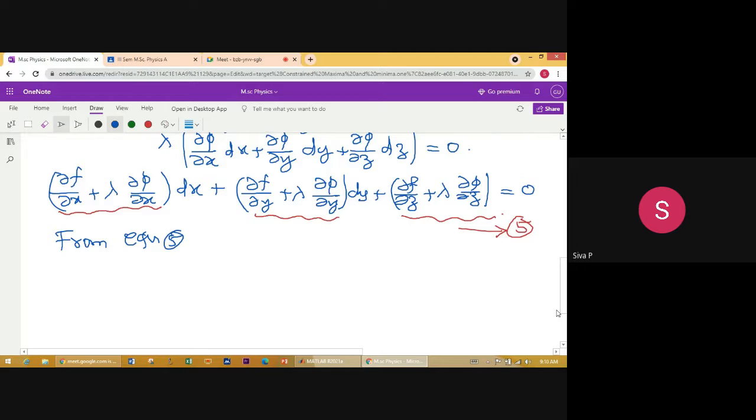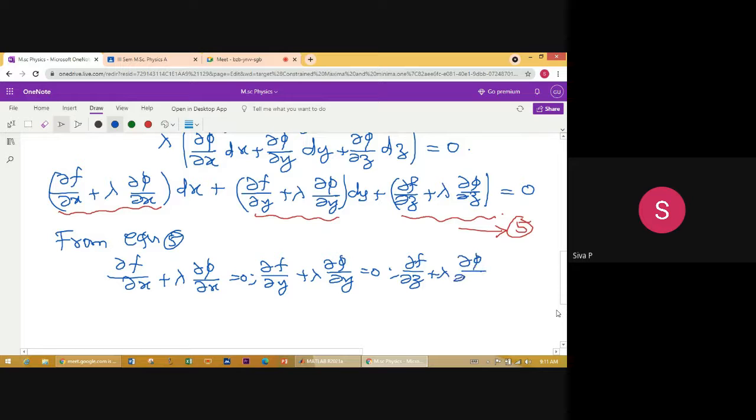From equation number 5, we get dou f by dou x plus lambda dou phi by dou x equal to 0, dou f by dou y plus lambda dou phi by dou y equal to 0, dou f by dou z plus lambda dou phi by dou z equal to 0.